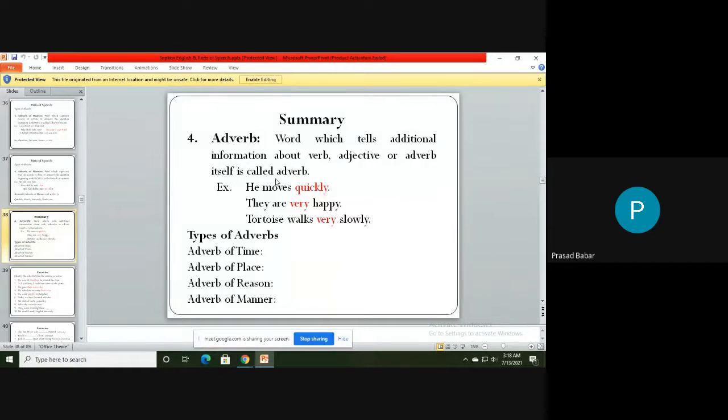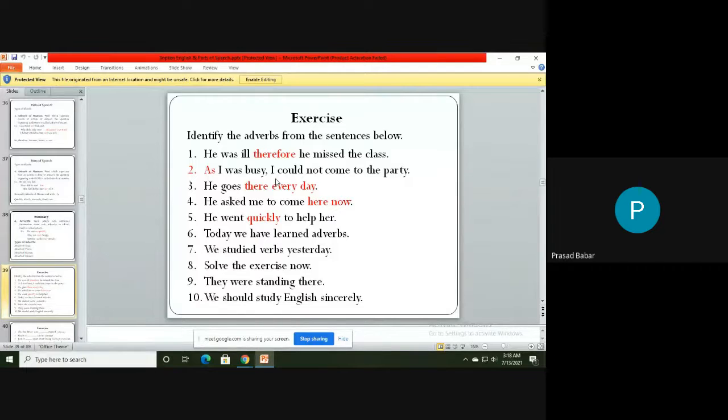So let's come to the next slide. It is an exercise. Identify the adverbs from the sentences below. The first example is: he was ill, therefore he missed the class.